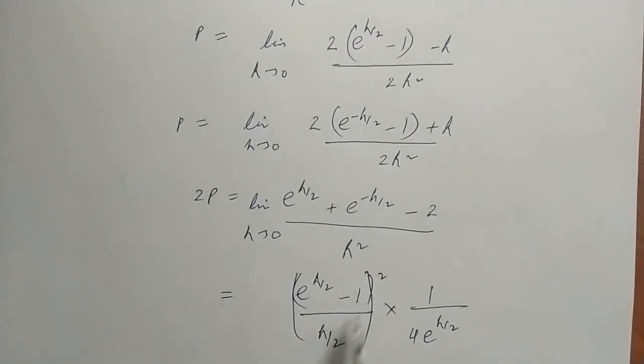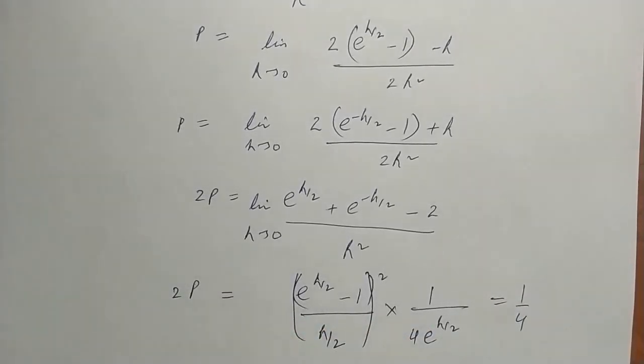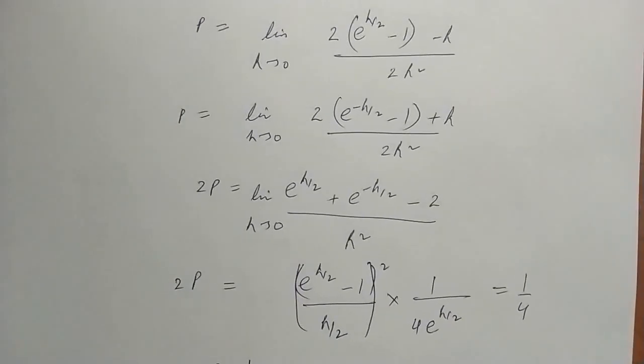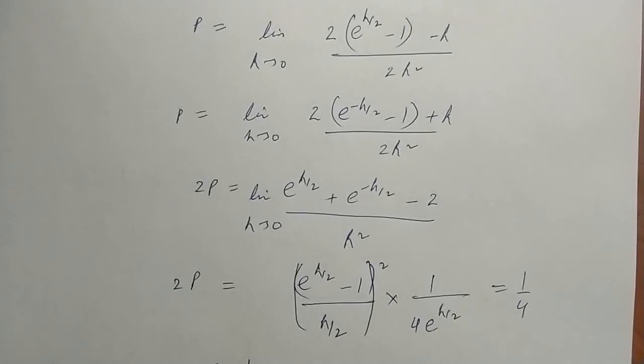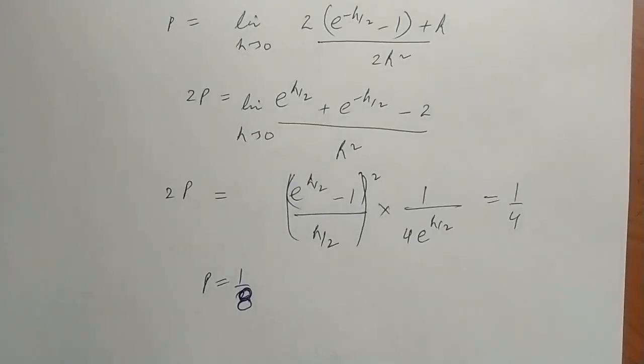And when h tends to 0, this will tend to 1 by 4. Okay, so 2p is equal to half. Now p will be equal to 1 by 8. So RHD is equal to 1 by 8.